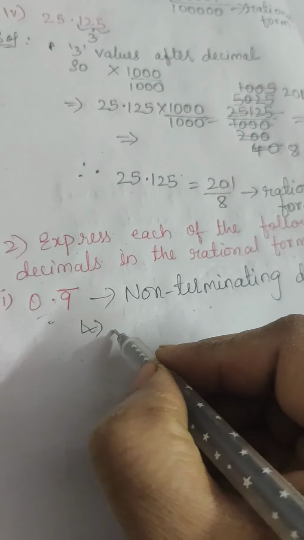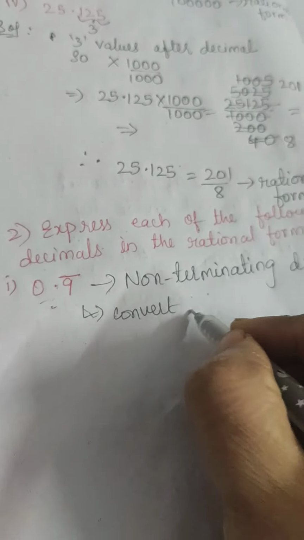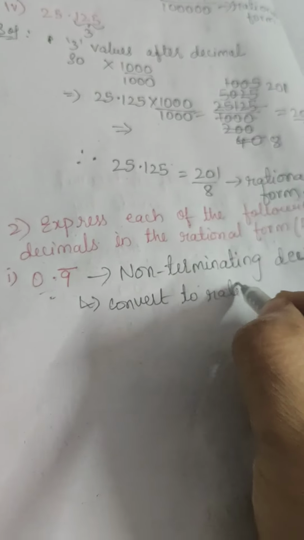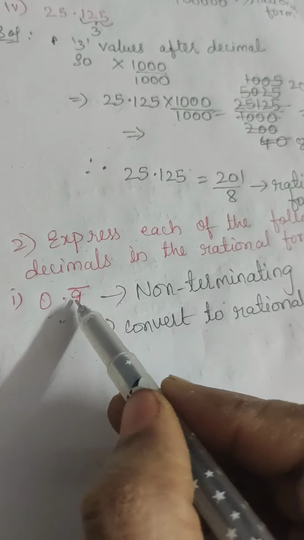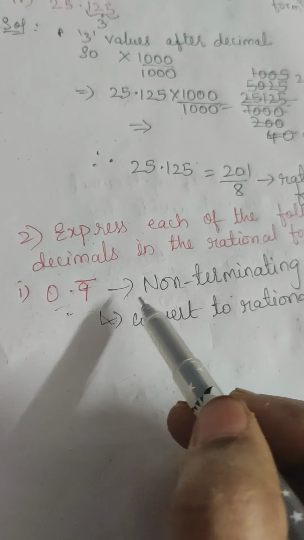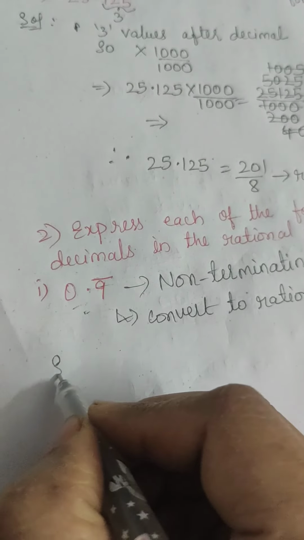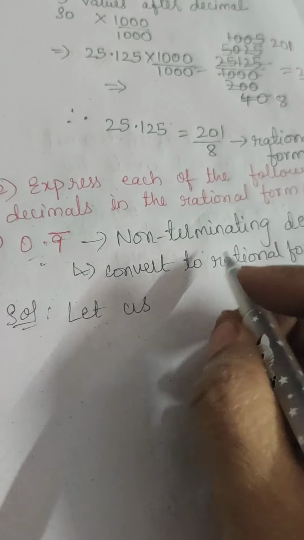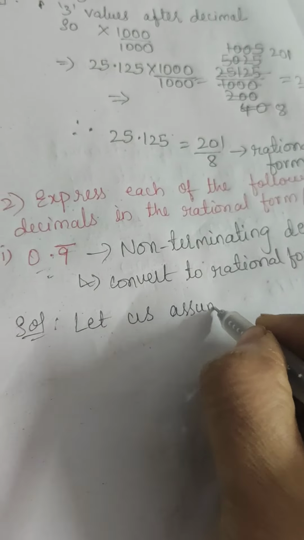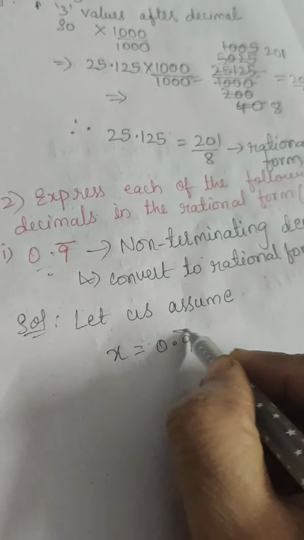To convert this non-terminating decimal to rational form, we need another method. Here the bar indicates that this number goes on repeating. Now let us assume this number as x. Solution: let us assume x is equal to 0.9 bar.